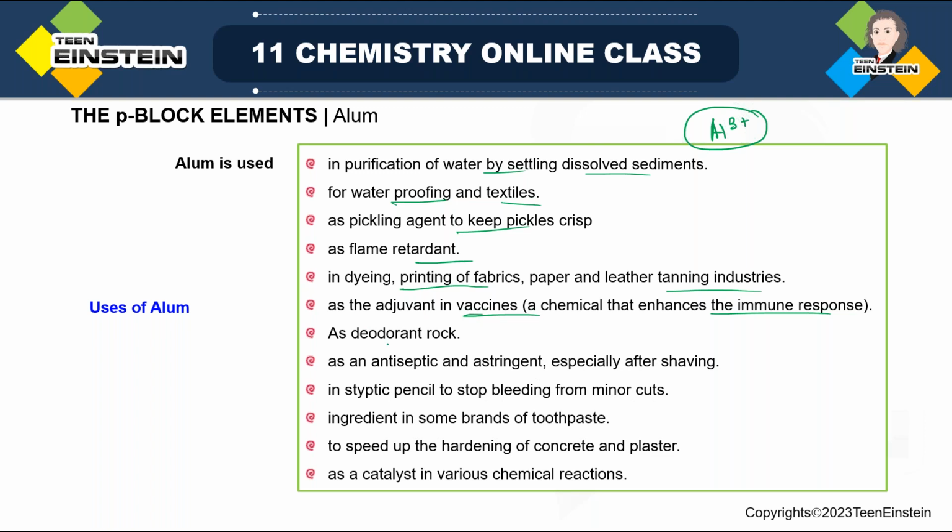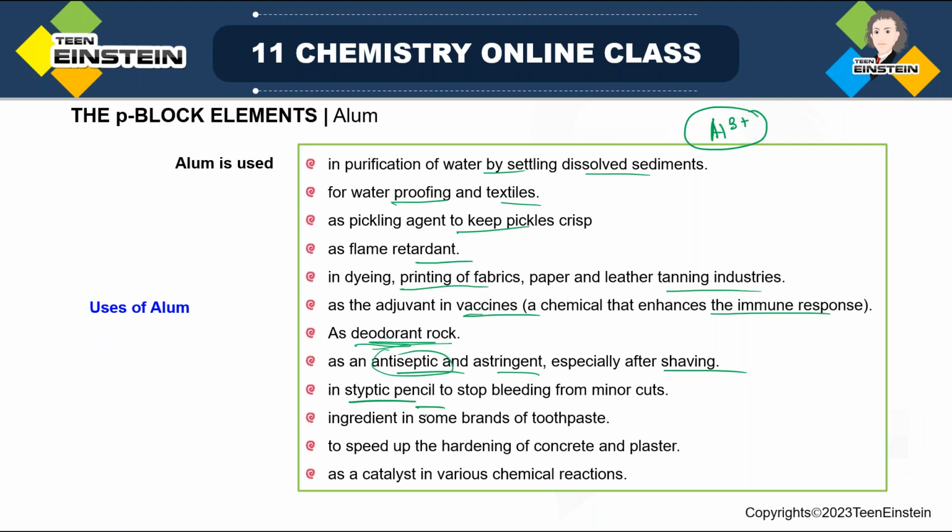As deodorant rock. As you have seen its appearance, it appears as a white type of rock. It can be used as a natural deodorant. It has that property. Antiseptic and astringent, and because of its antiseptic property, application as aftershave is very important.